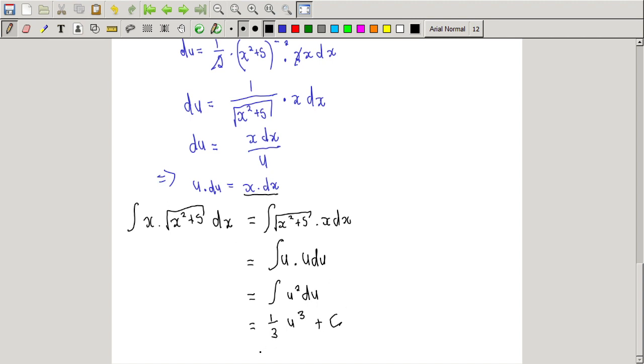Now in the place of u, I write the square root of x squared plus 5. So it's 1 over 3, and the square root of x squared plus 5 is the same as x squared plus 5 raised to the exponent of 1 over 2.